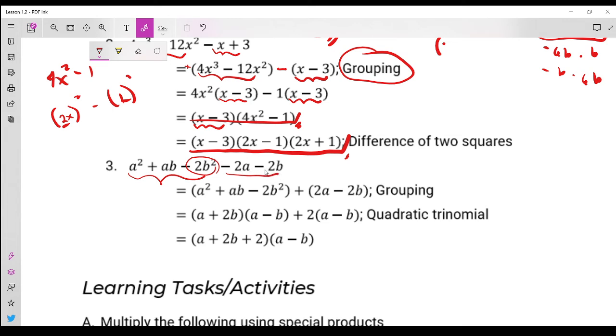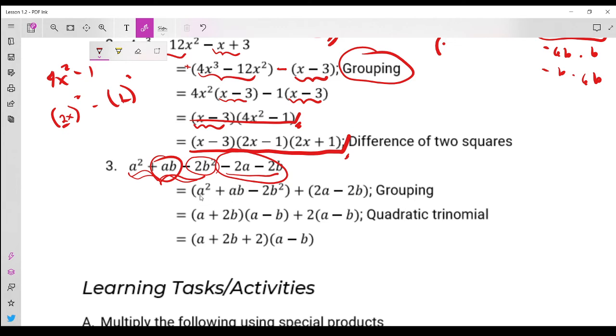What makes me think that these 3 will be in one group and the remaining 2 in another group? It's because of a squared, b squared, and the combination ab. Take note that in our GQT, the middle term is the combination of the first term and the last term. That's why I can simply say that I can group these 3, and the remaining group is these 2.